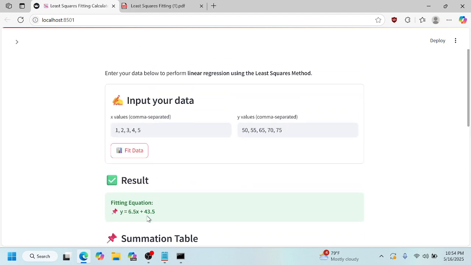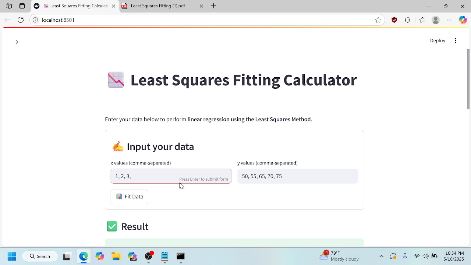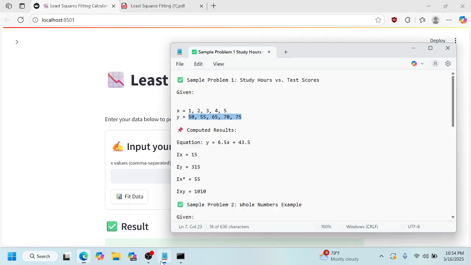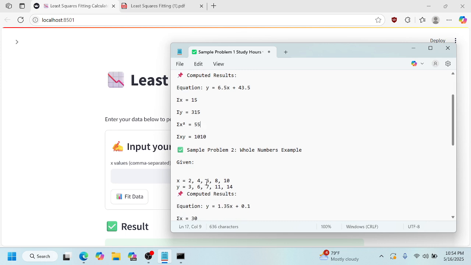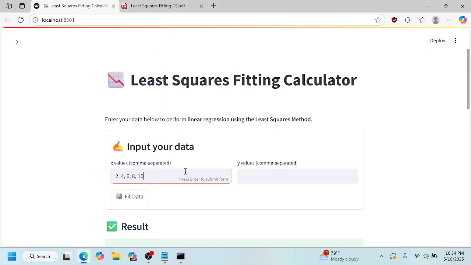For example number 2, let's take a simpler case using whole numbers. The given data points are 2, 4, 6, 8, and 10 for the x values.